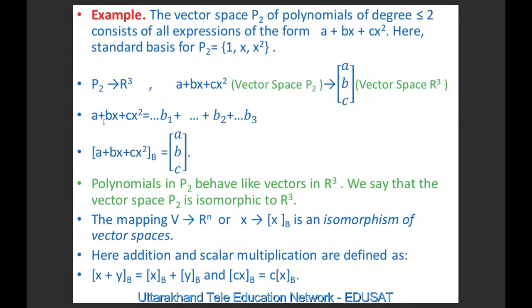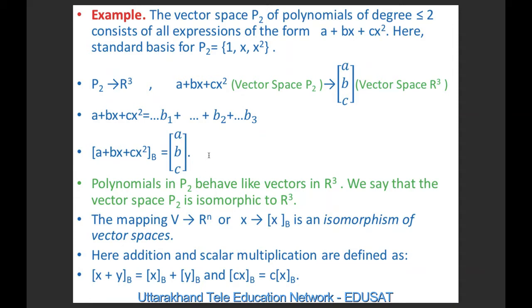So we can write a plus bx plus cx square as some element into b1 plus some element into b2 plus some element into b3, and the column matrix of a plus bx plus cx square is equal to (a, b, c). Polynomials in P2 behave like vectors in R cube.